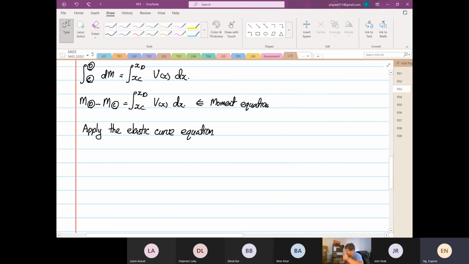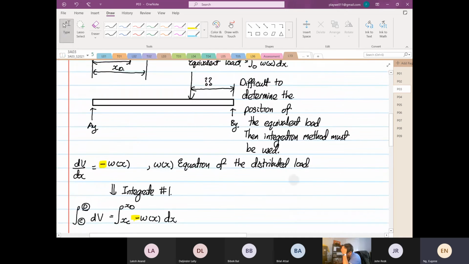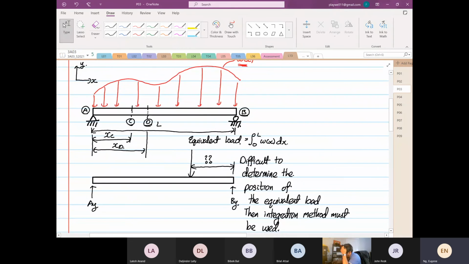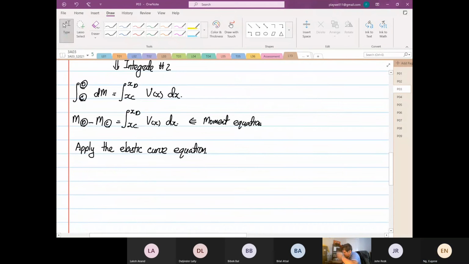Okay. So now if we look at the same beam down here, I'm not going to draw the load, but I'm just going to draw the beam over here. So this is our point A, and this is our point B. The next thing is I'm going to superimpose another graph onto the structure now.